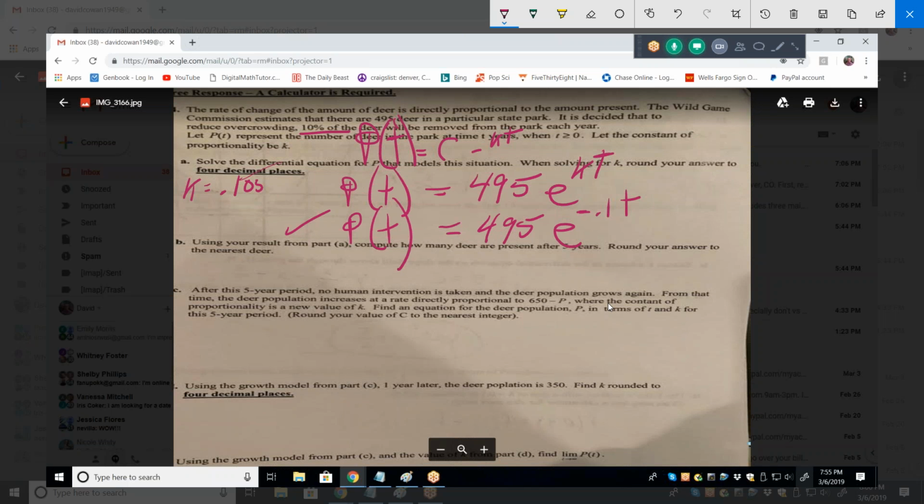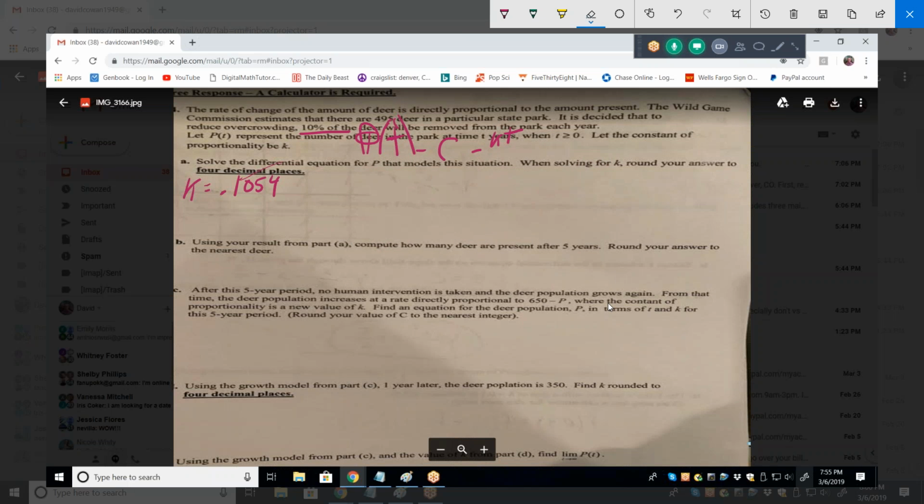And he plugged in for P 495.5 equals 495 e to the kt, and that's how he solved for k, or e to the k1. Hold on a second. So I see what he did. He did after 1 year. He did 10% of 495.